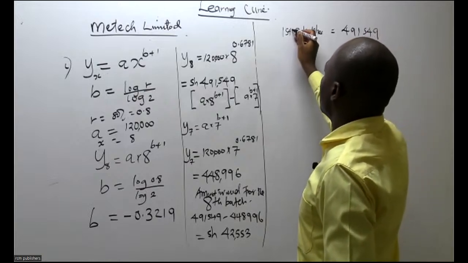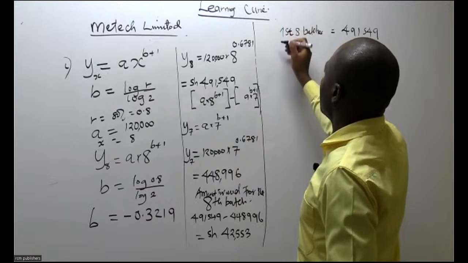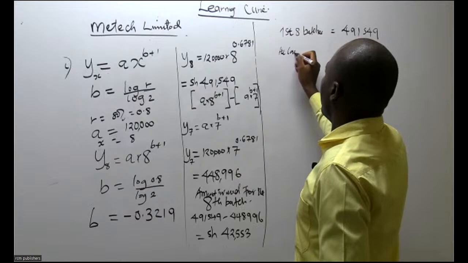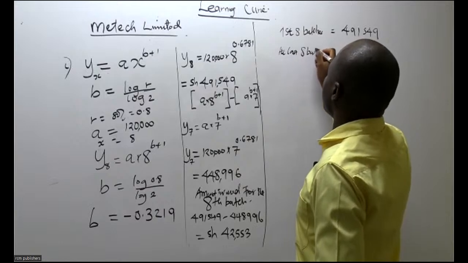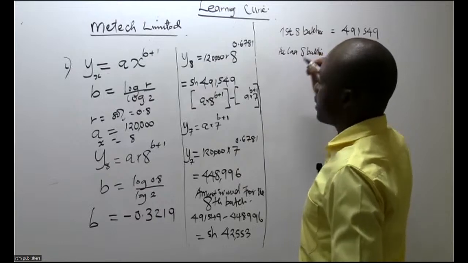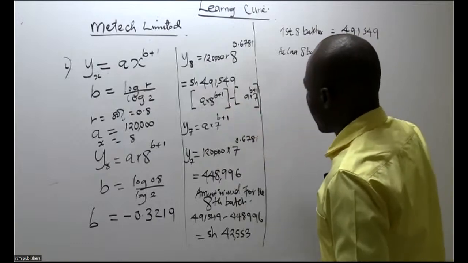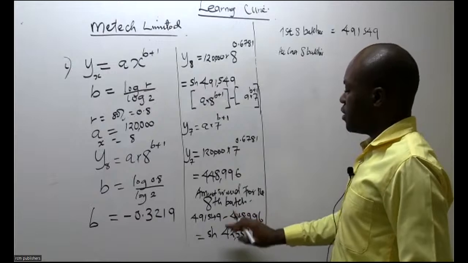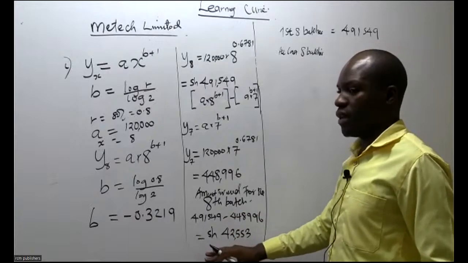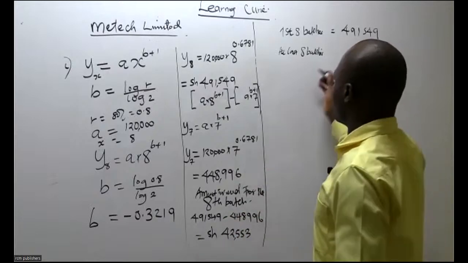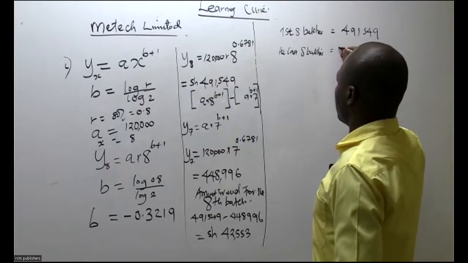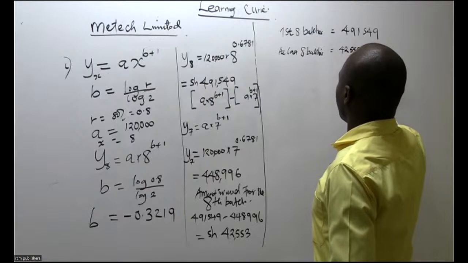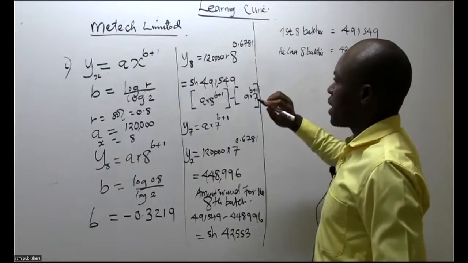Then the last 8 batches, we are told the labor cost per batch is equivalent to that of producing the 8th batch. So it is basically equivalent to 42,553. We multiply by how many batches are remaining.